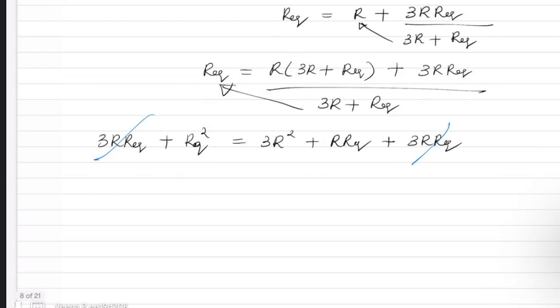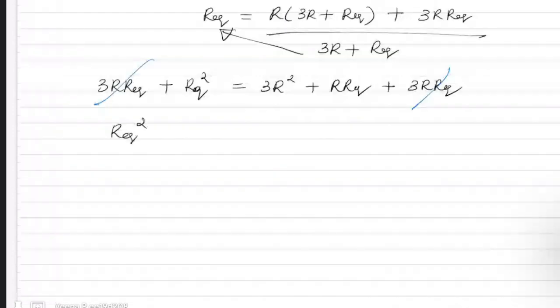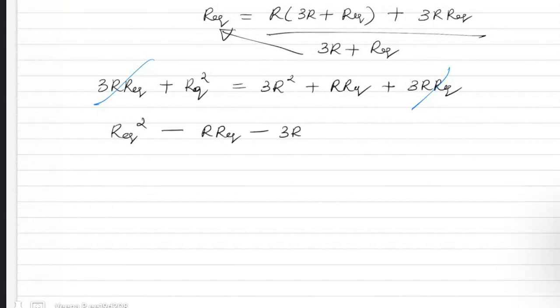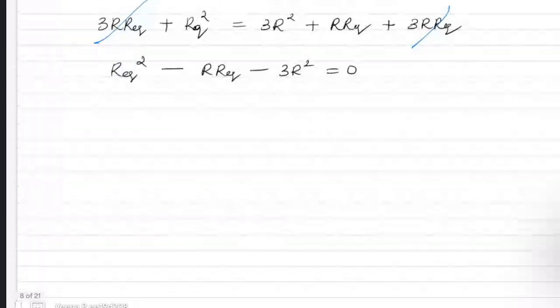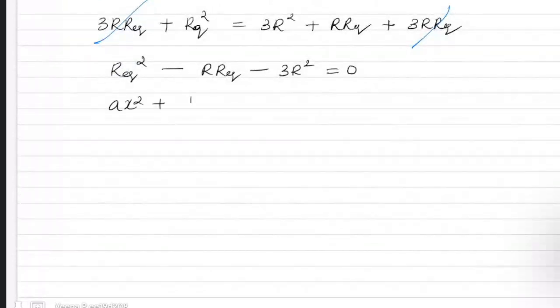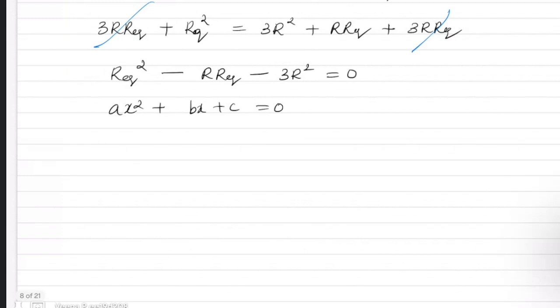So now our equation becomes R equivalent square minus R R equivalent minus 3R square equals 0. This is an algebraic equation of the form ax square plus bx plus c equal to 0. This x just represents a variable, not the x which is given in the question. So this is the general expression of a quadratic equation.